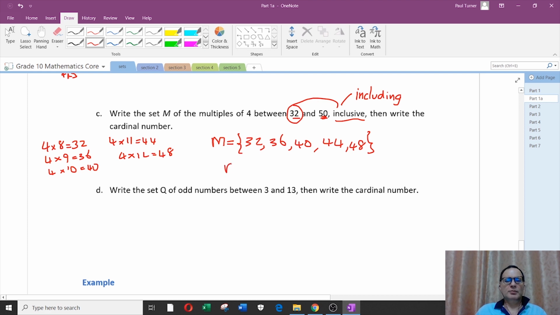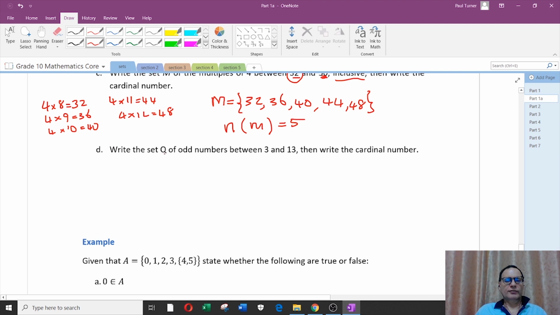So there's 5 elements. So the number of elements in this set is 5. Okay, simple enough. Just review what factors and elements and things like those are.